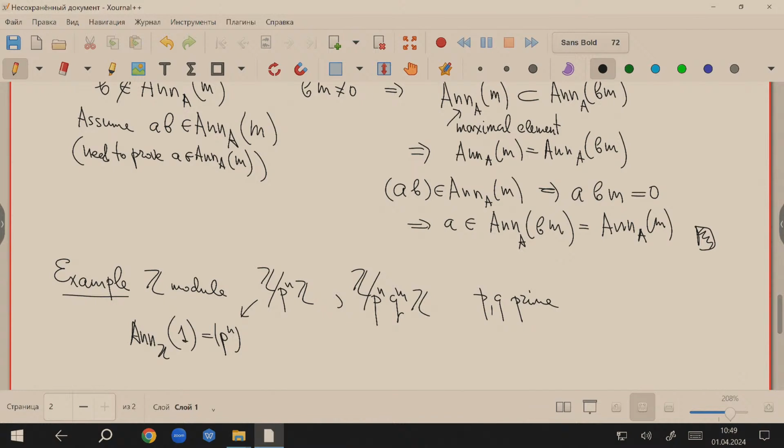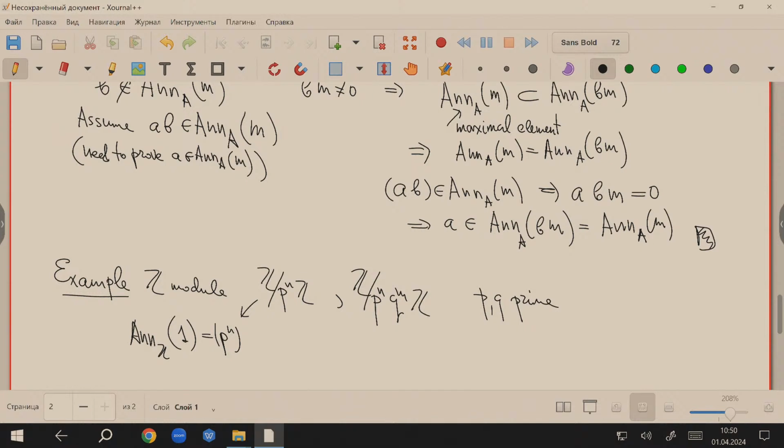Then you can take a unit and multiply it by an invertible element, but if you multiply by an invertible element, the annihilator won't change. So here you see an example of a chain that already stabilizes, but it doesn't stabilize on the maximal element.